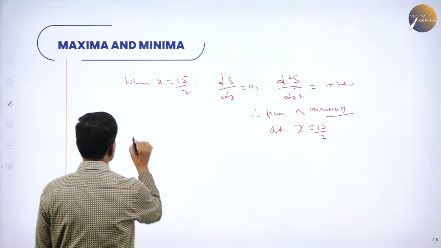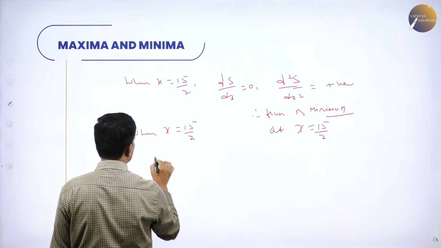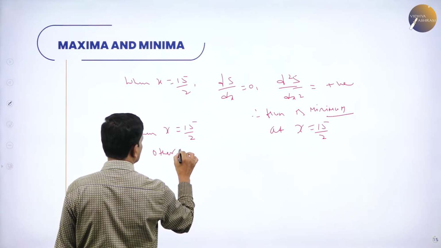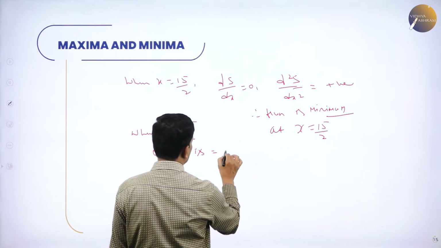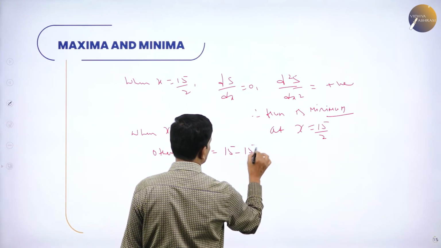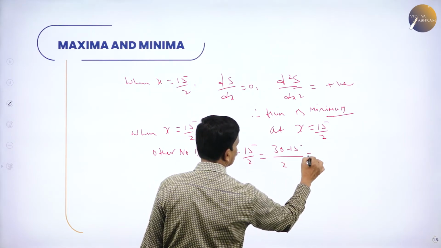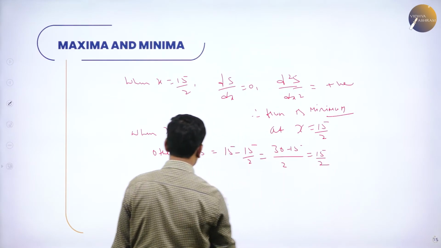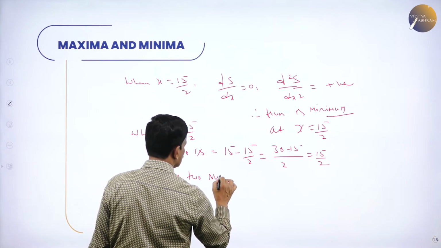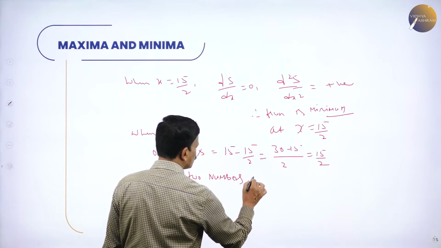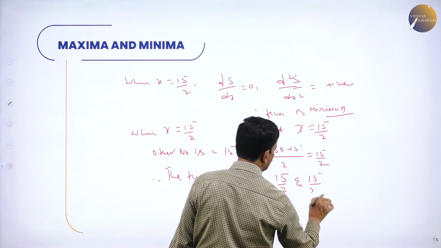So when x is equal to 15 by 2, what is the other number we have taken? 15 minus 15 by 2. Take LCM, 2 is the LCM, 30 minus 15 over 2, that is also equal to 15 by 2. So therefore the two numbers are 15 by 2 and 15 by 2.